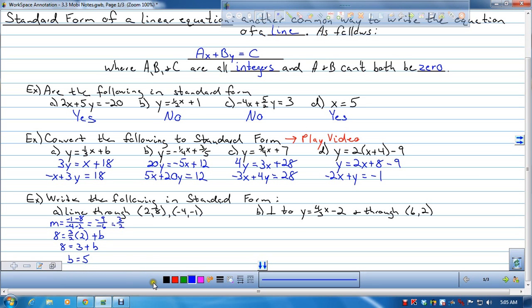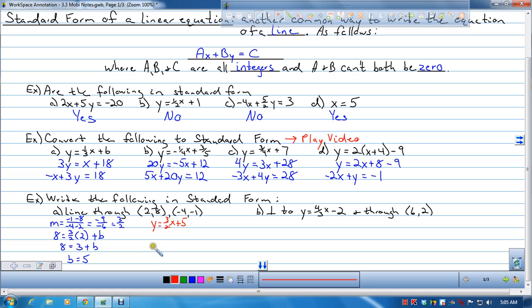Okay. Let's change colors, because now I know the slope and I know the y-intercept of this line. So let's go write it in slope-intercept form. And now all I need to do is convert it to standard form, which is a fairly easy procedure.